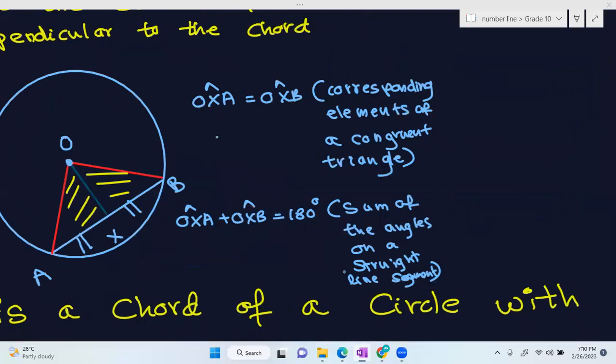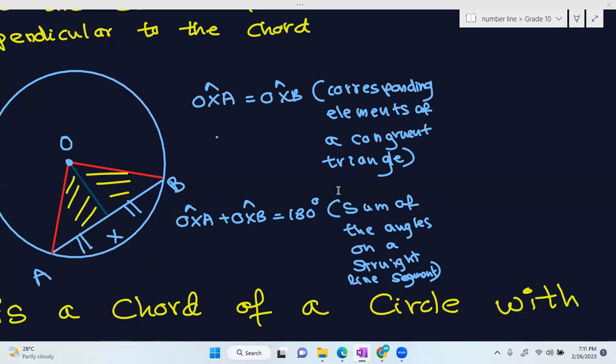Now we have shown that OXA equals OXB, no? Then instead of one of these two angles, we can substitute. I said that to prove that OX is perpendicular to AB, we just have to show that angle OXA or OXB is a 90 degree angle.